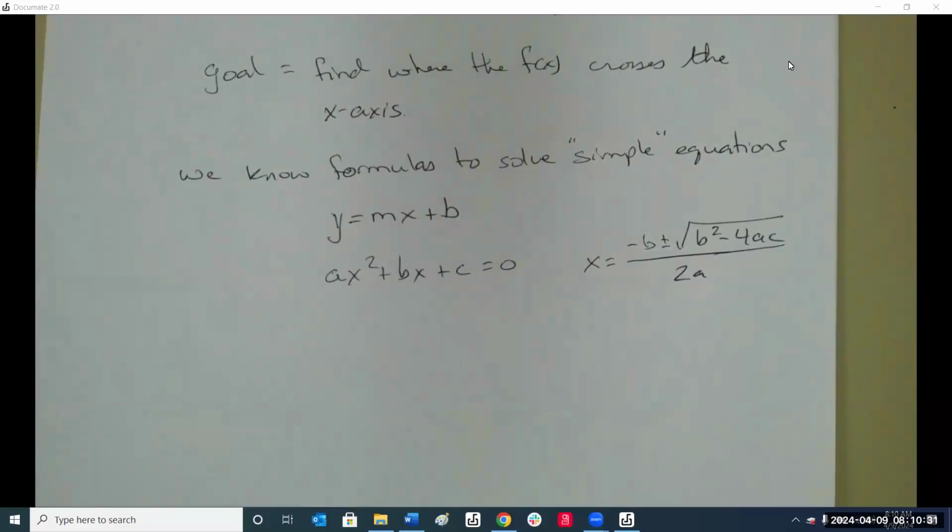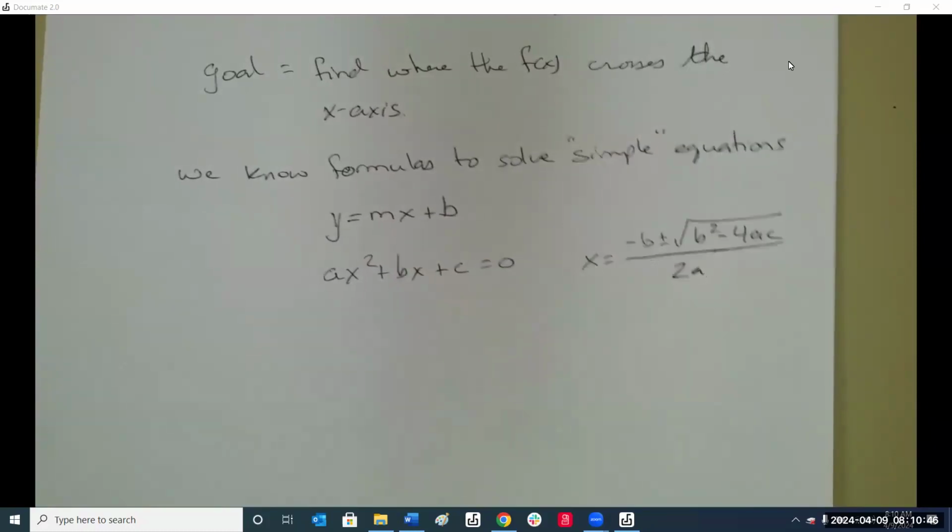We know the difference of two squares. We know the sum and difference of two cubes. If they're in a particular pattern, we have formulas to solve them. But there are more equations that don't have formulas that solve them. This is where Newton's method comes in.